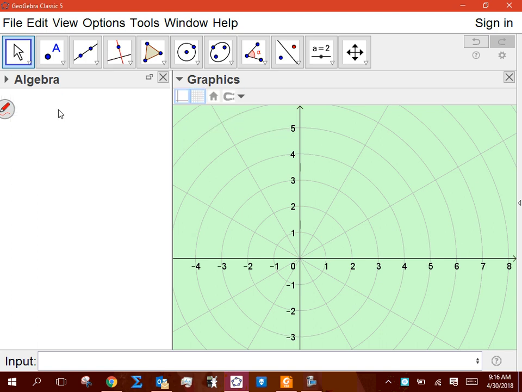I was trying to get to do this. So let's go r equals 3 plus 3 cosine theta. What in the world?